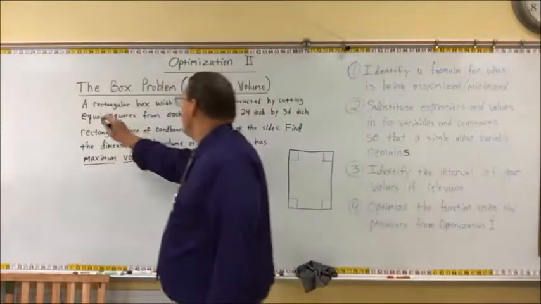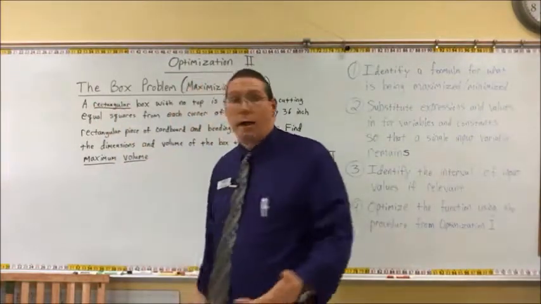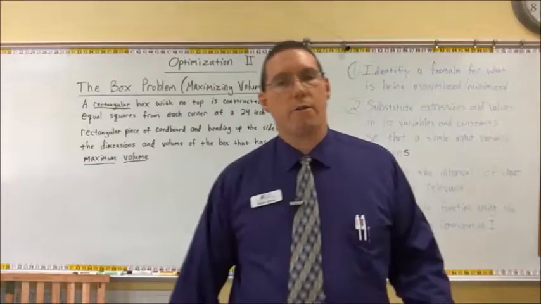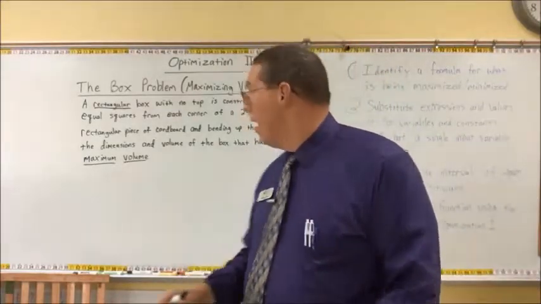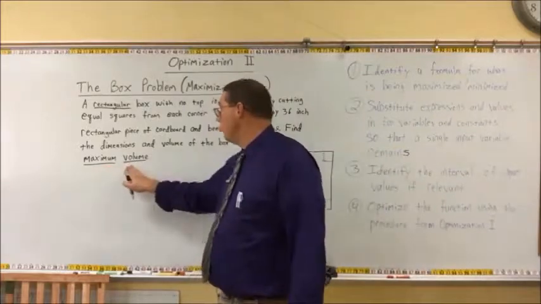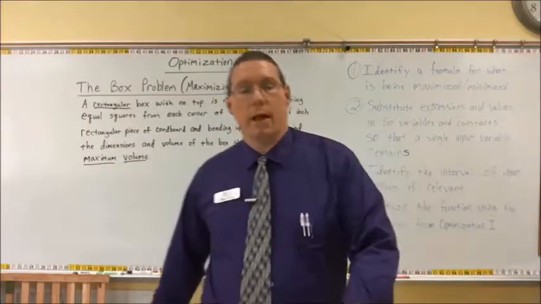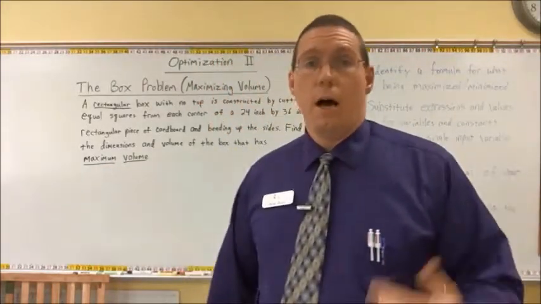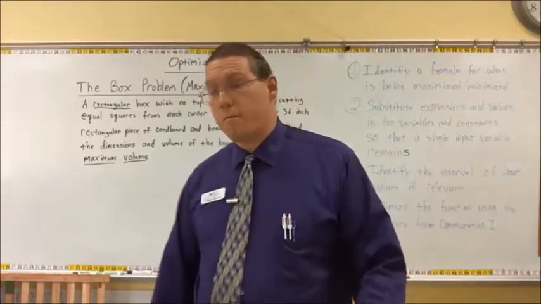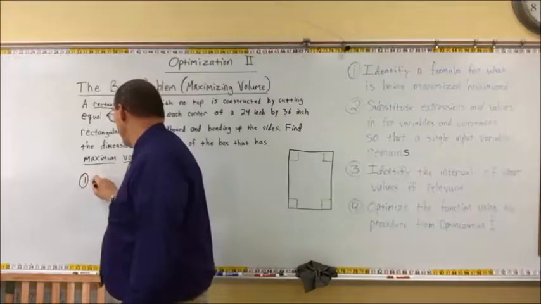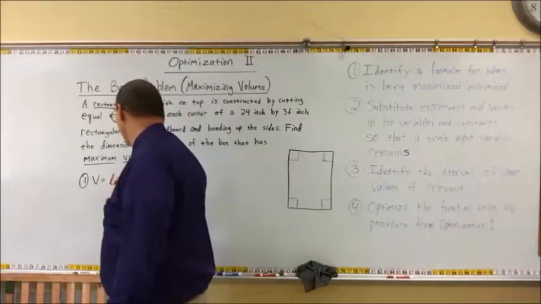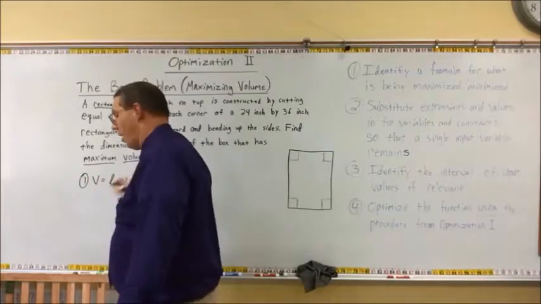Well, it says that it's a rectangular box, and a rectangular box is what we call a rectangular prism. If we're maximizing volume, then we need the formula for the volume of a rectangular prism, and that's a really easy one. So our formula here is going to be volume is equal to length times width times height.